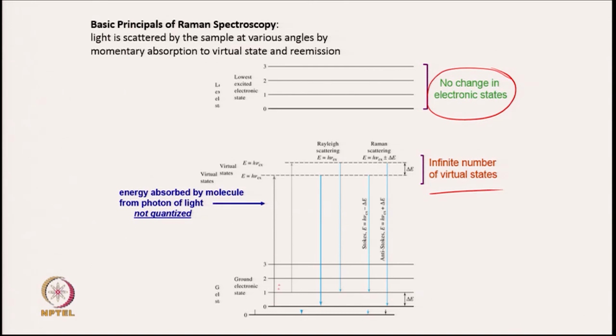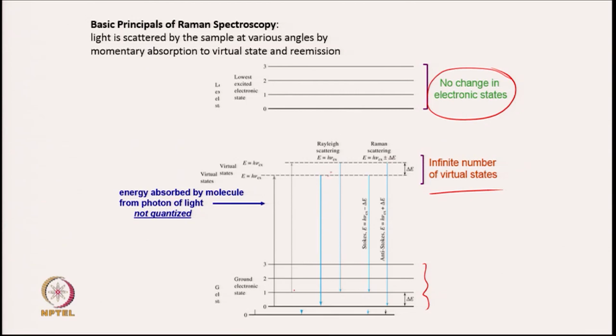First, during excitation it goes to this. Excitation can also take a molecule or a particle from vibrational state 1 to this virtual state. So this is your ground electronic state, and there are these 4 vibrational states. From the first vibrational state it can go to some other virtual state, and if on absorption it goes from 0 to this virtual state and comes back to the same ground state, then you say that it is a Rayleigh scattering.